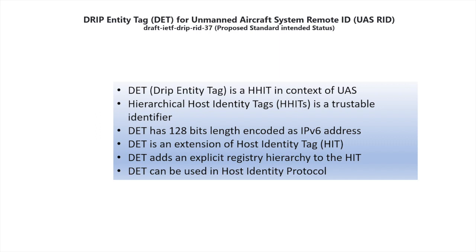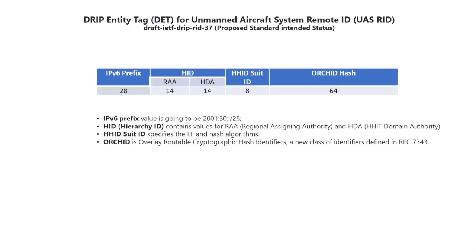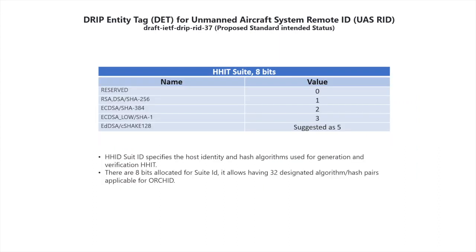It adds hierarchy ID to host identity tag and introduces new parameters to make it more flexible. You can see the structure of that on this slide. The document suggests allocating 8 bits for suite ID and adding a new item to support hierarchical HIT in host identity protocol version 2.